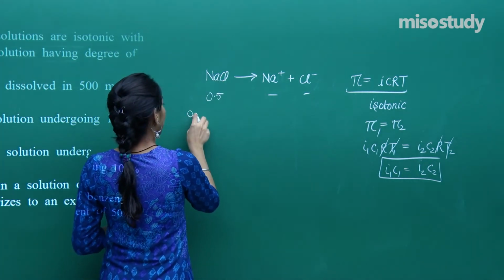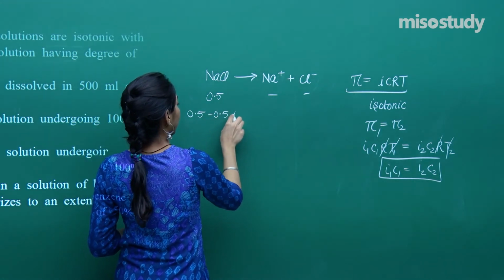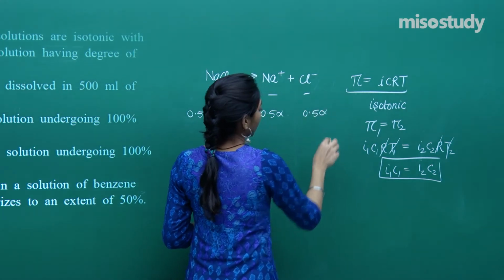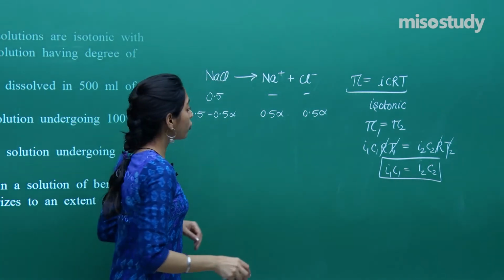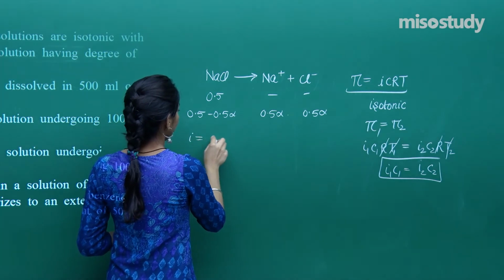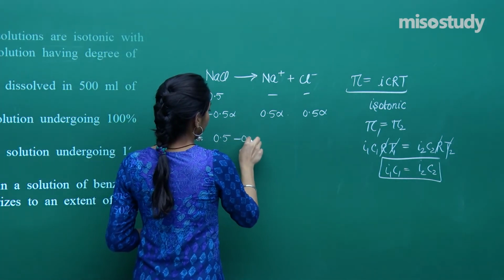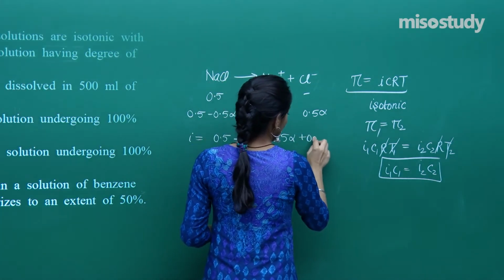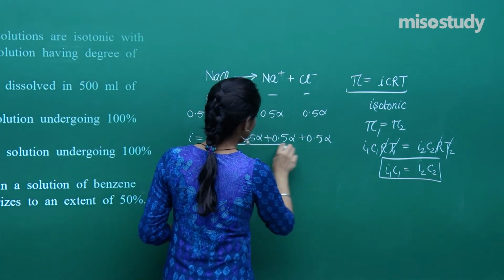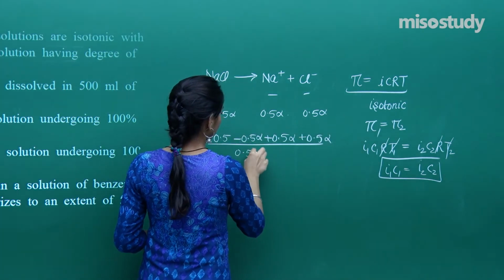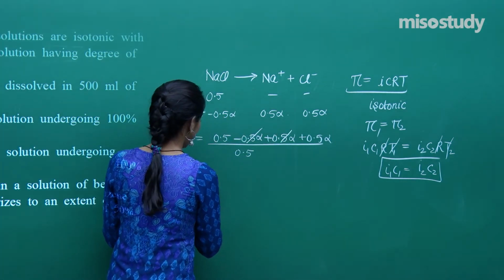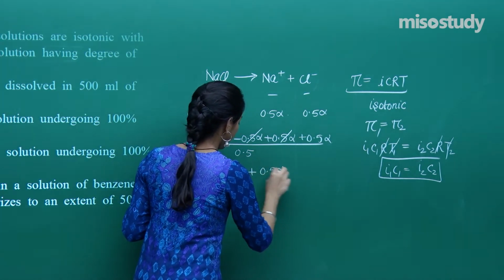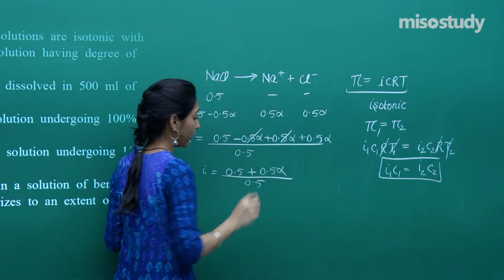So this is 0.5 minus 0.5 alpha, this will become 0.5 alpha, and this will become 0.5 alpha. So what should be the value of i? 0.5 minus 0.5 alpha plus 0.5 alpha plus 0.5 alpha, divided by 0.5. This and this will get cancelled.